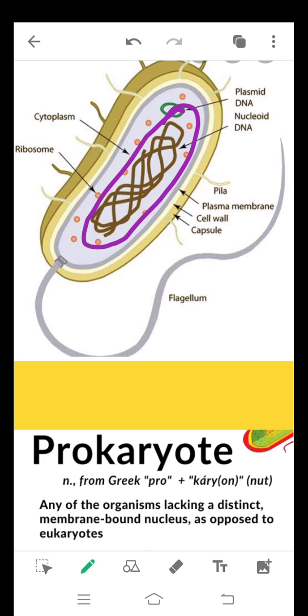That means here the nuclear membrane or the nuclear envelope is absent. Any organisms lacking a distinct membrane-bound nucleus are called prokaryotes. So prokaryotes are those organisms in which the nucleus is not bound by any nuclear envelope or nuclear membrane.